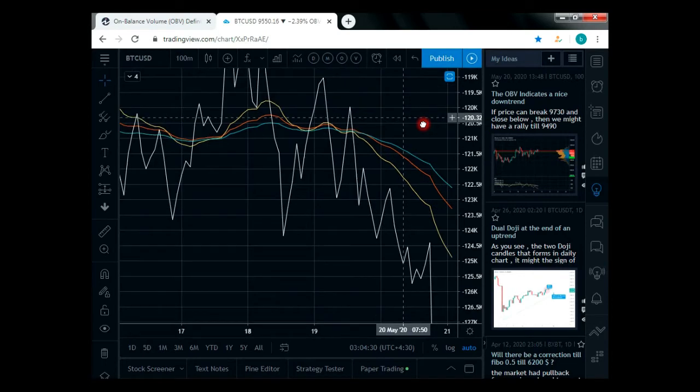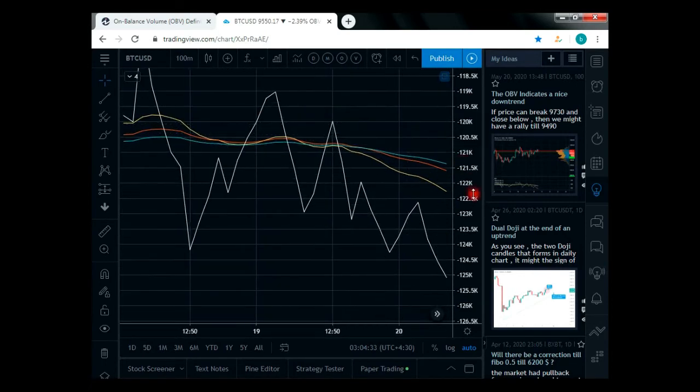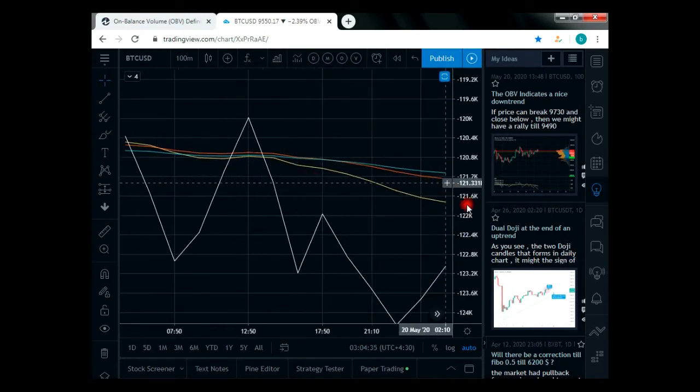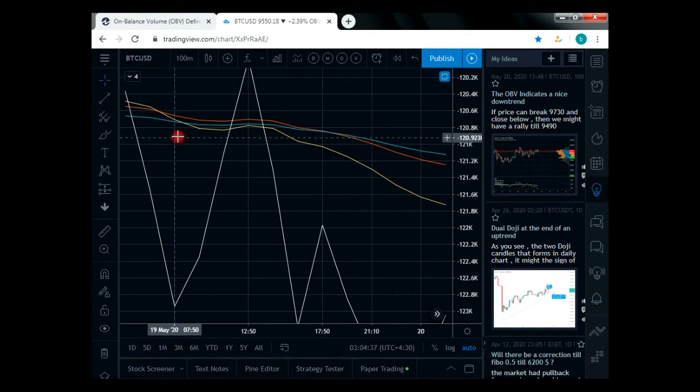Okay, let's take a closer look, which is here, where the first break and crossover occurs.